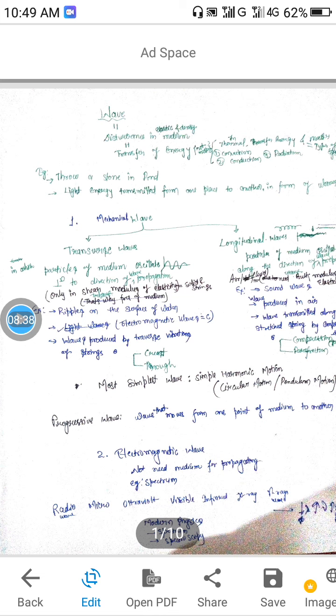In every competition exam, one question will come from this unit. I will explain later, but simply, the electromagnetic spectrum includes radio wave, microwave, infrared, visible, ultraviolet, X-ray and gamma rays. We will understand it later in my second video.